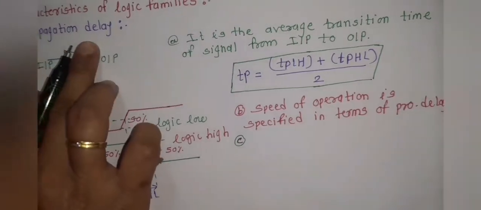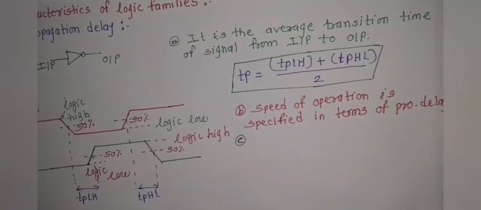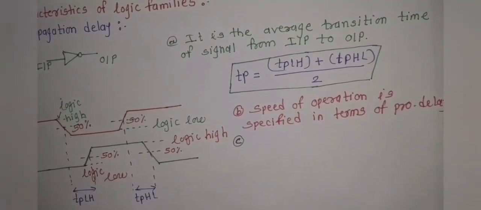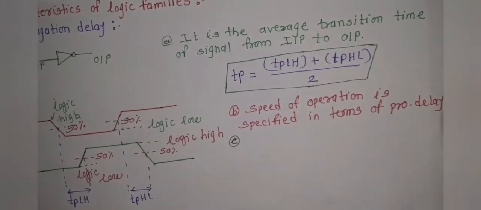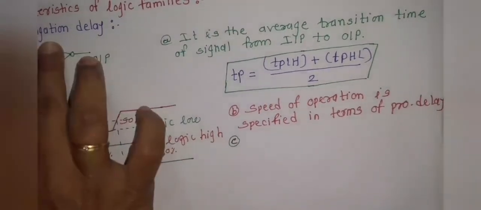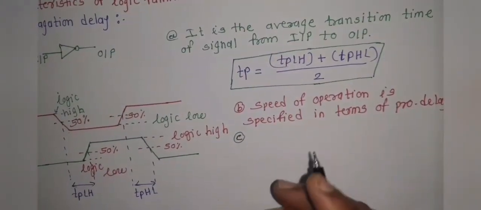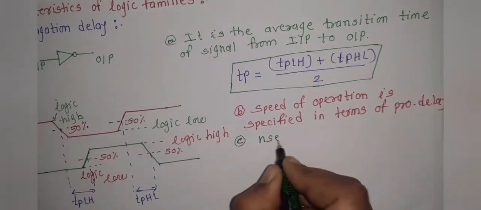Less propagation delay means more speed of operation, and vice versa. That means high propagation delay gives low speed, and low propagation delay gives high speed. So it is necessary that the propagation delay is minimum. Propagation delay is measured in nanoseconds.